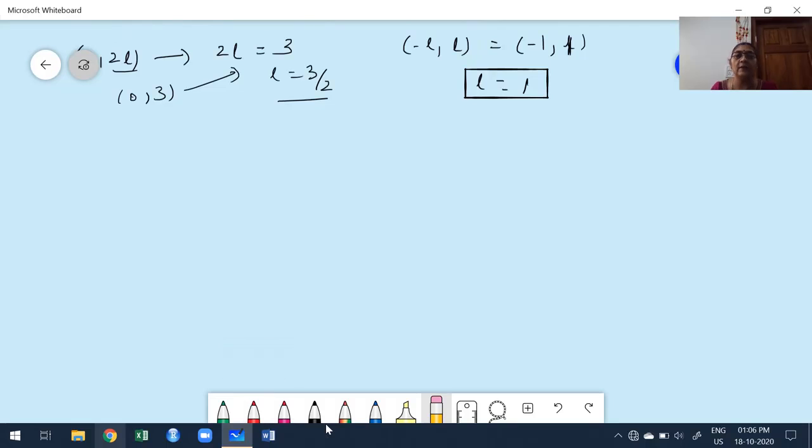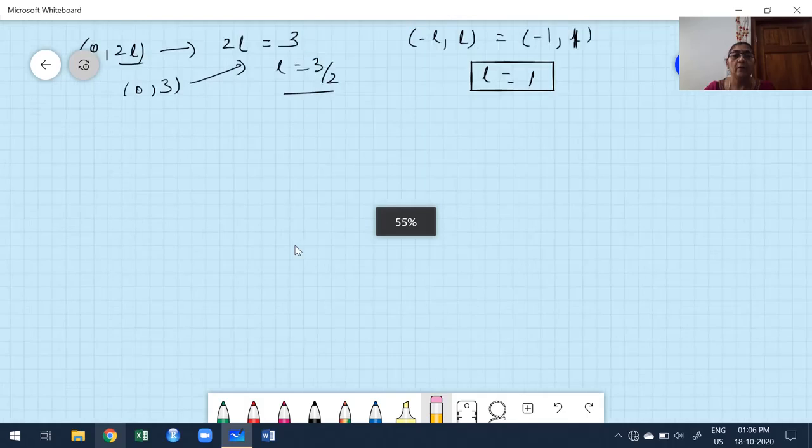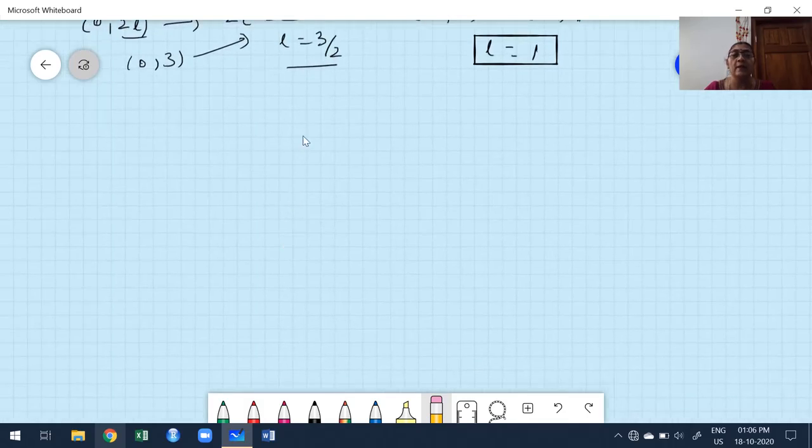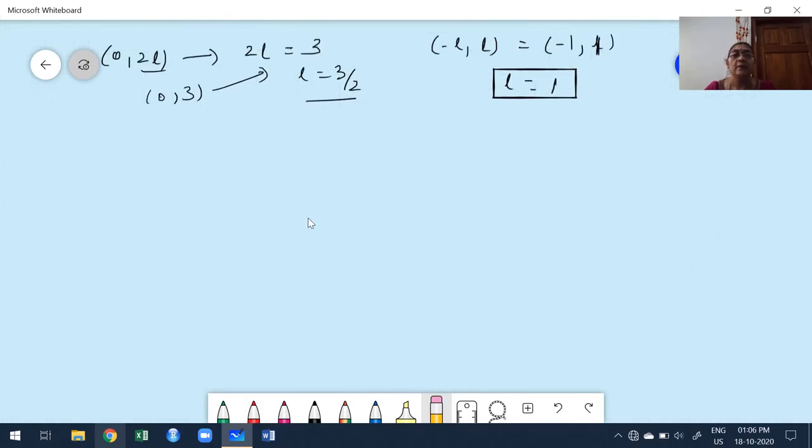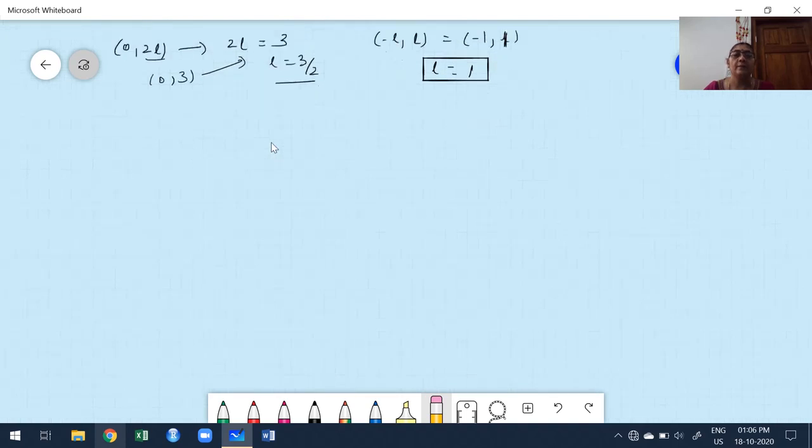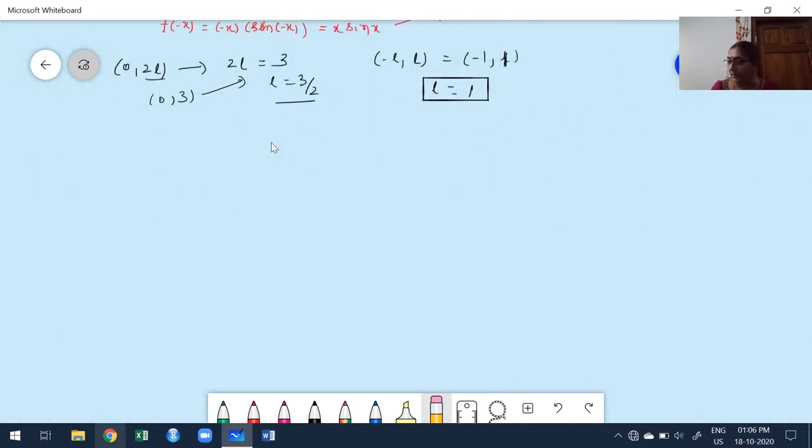I'm recalling once again the formula for Fourier series, the entire thing we discussed last class and this class. Suppose the function f of x is defined over the interval a comma a plus 2l. What is the Fourier series formula here?